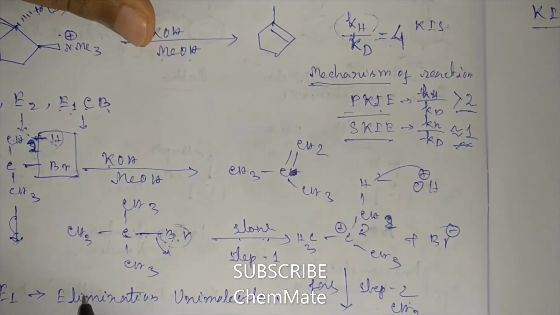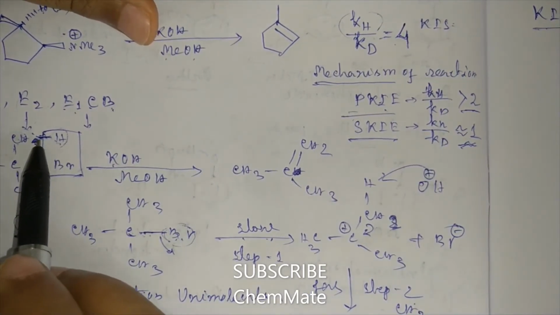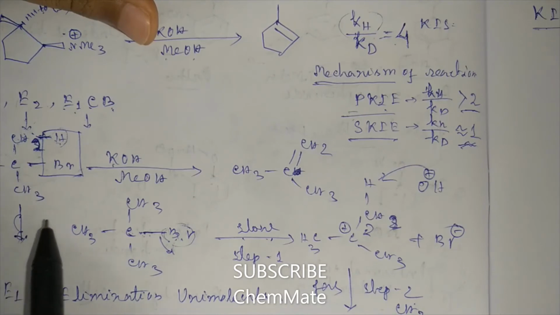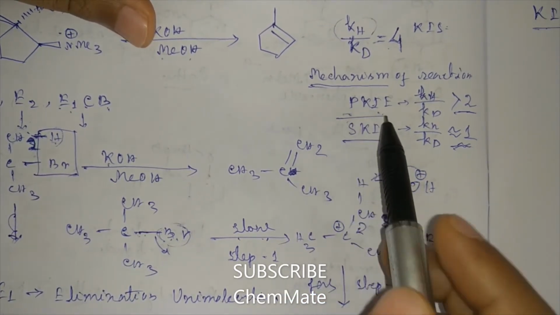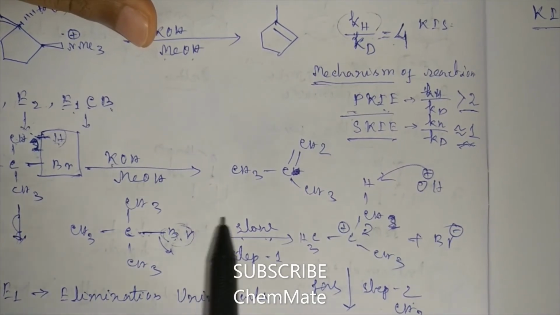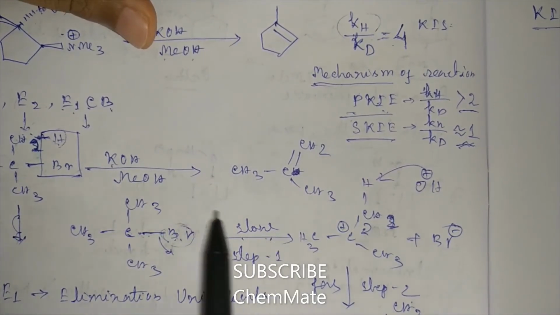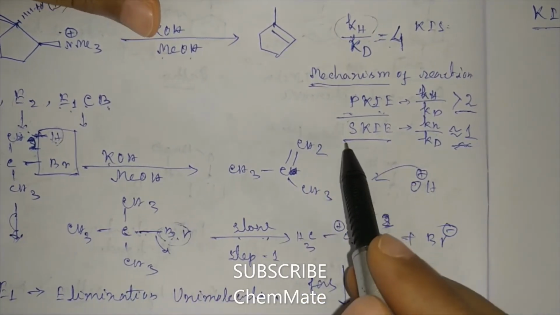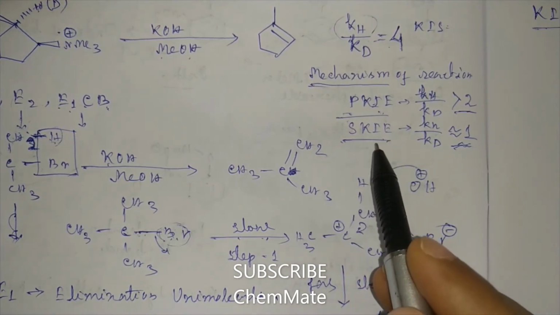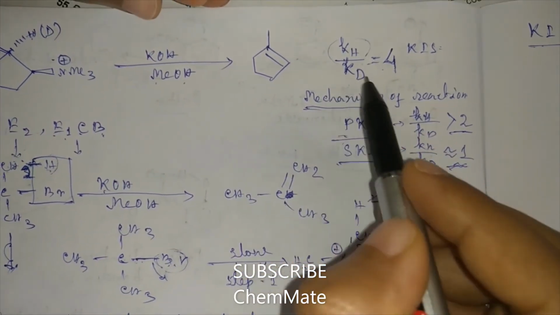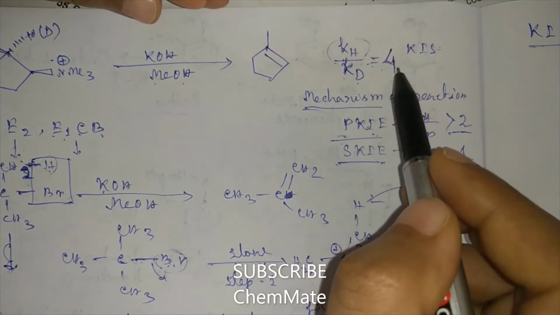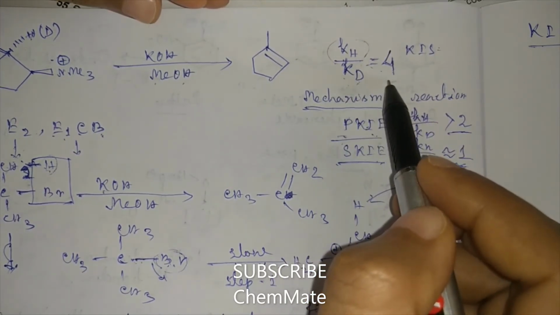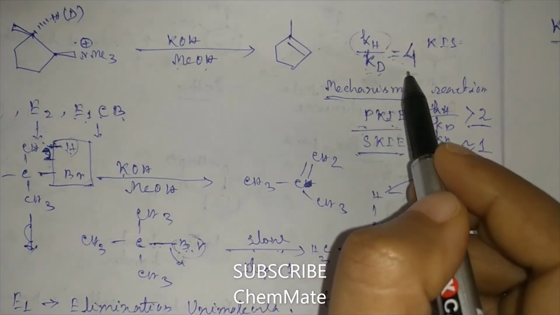So again I am telling, if a bond is breaking in the rate determining step, then we will observe primary kinetic isotope effect, and if the bond is not breaking in the rate determining step, then we will observe secondary kinetic isotope effect. Now in our question, Kh by Kd equals 4. That means a primary kinetic isotope effect is observed here.